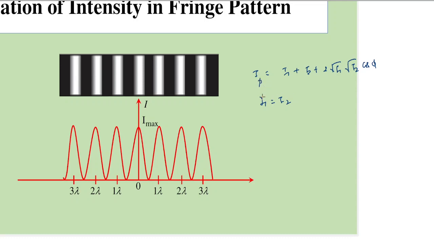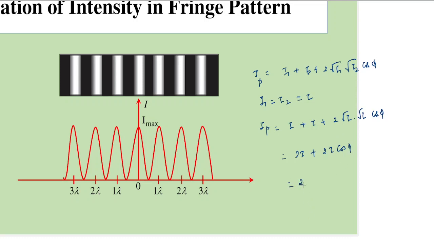Let's call the intensity at any point P as IP, and let I1 equal I2 equal I. Therefore, the intensity at point P is equal to I plus I plus 2 root I into root I, which is just I, into cos phi, that is 2I plus 2I cos phi.